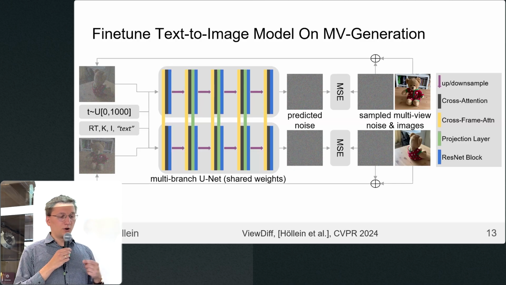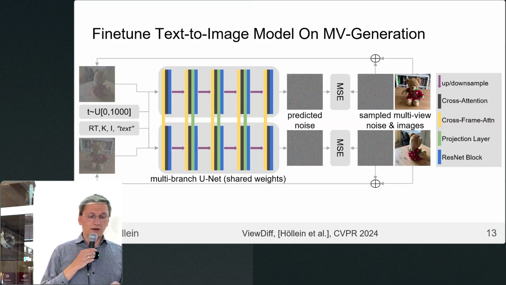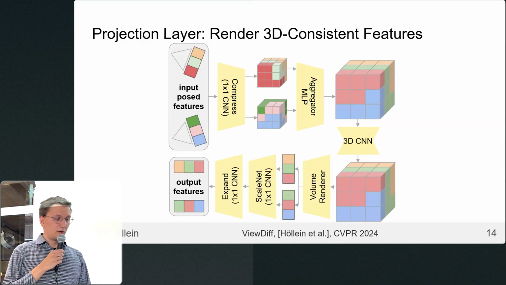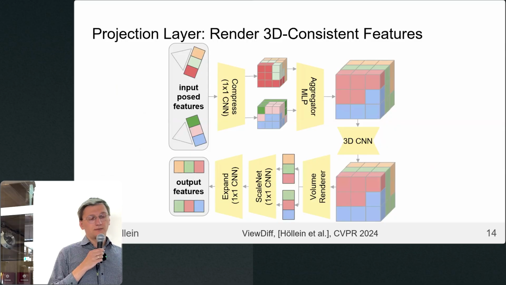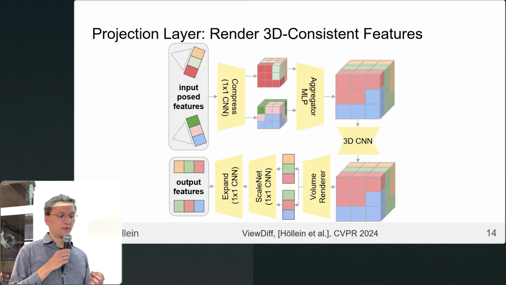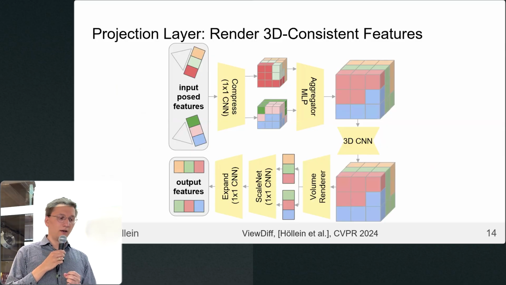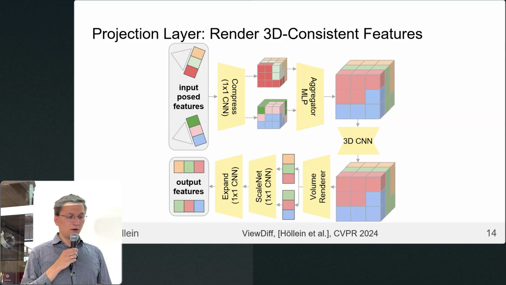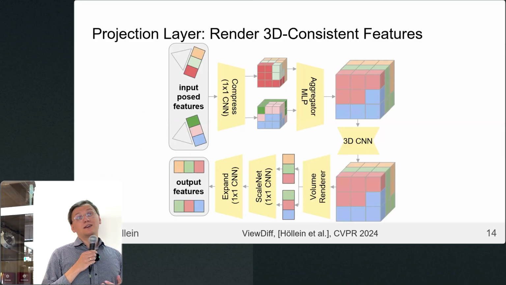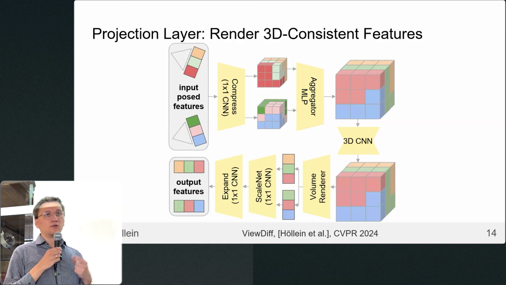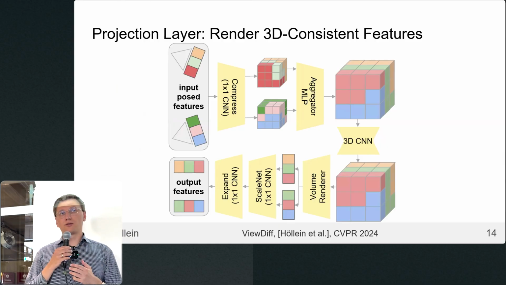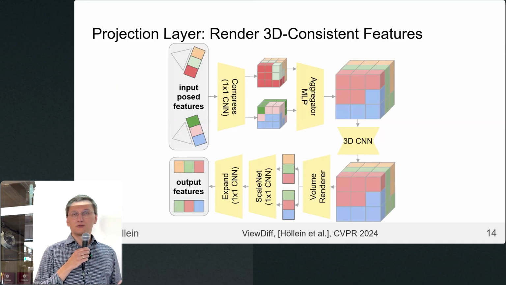And we also have a projection layer that works as follows. We have two input features, and we know their camera viewpoints, and then we can unproject the pixels into a 3D voxel grid and aggregate them with a weighted mean. And we have some CNN layers that iterate on top of it, and we render down, again, 2D features from this unified 3D grid into 2D output features.